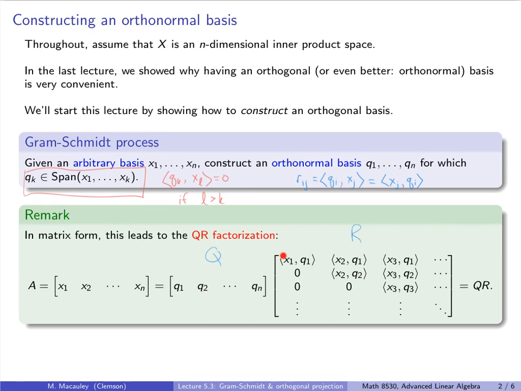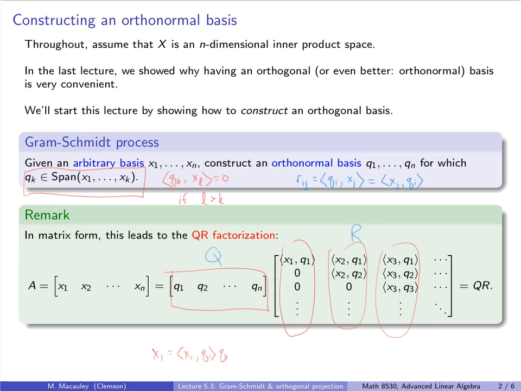Now let's see why this decomposition works. Remember, there's multiple ways to multiply matrices, and I think probably the easiest one is to think about multiplying Q times the individual columns. So if we do that, then x1 is Q times this column, and so indeed x1 is the inner product of x1 with q1 times q1. Then the second column is Q times the second column here.